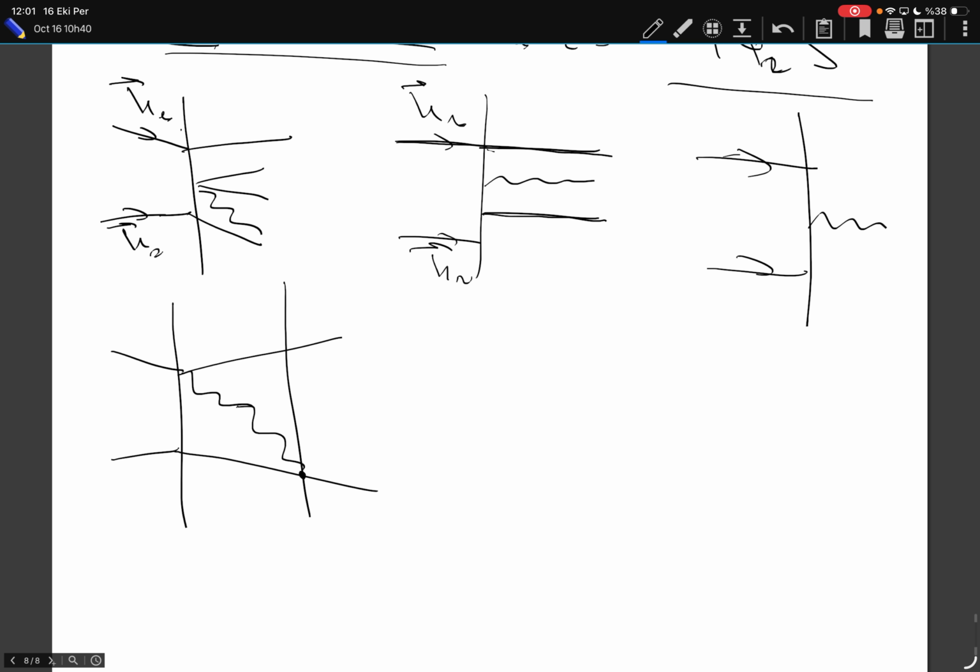This will remain. So these vertical lines are where there's an interaction with the potential. Or this one. Only these two will remain at the end of the day, when I consider both of the vertices.